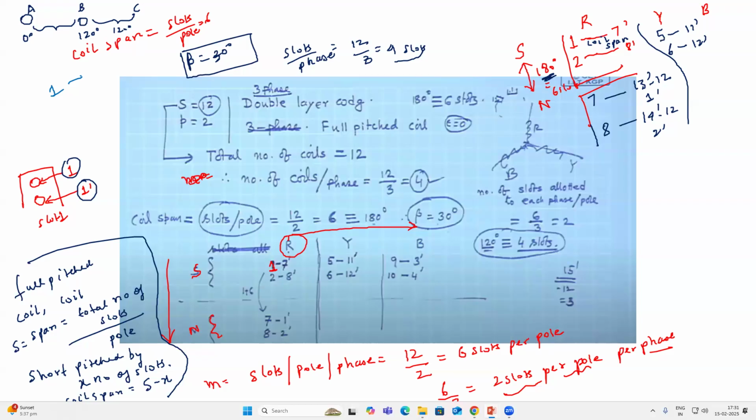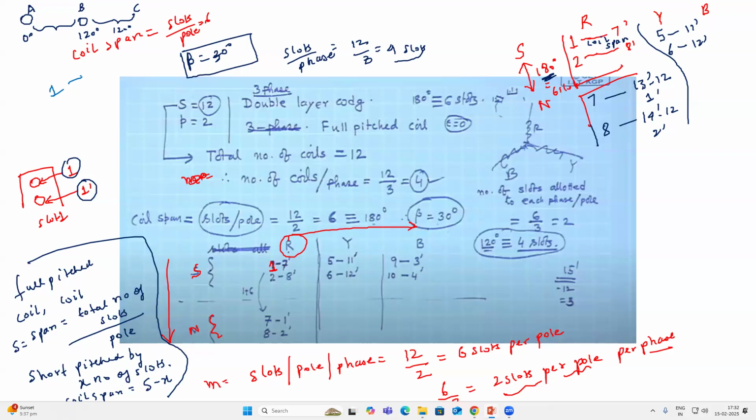So for a full pitched coil, basically you will get maximum EMF. And short pitched means you will get the pitch factor into play. If it is a full pitched coil, your pitch factor will come out to be 1. But if it is short pitched, it will be less than 1.